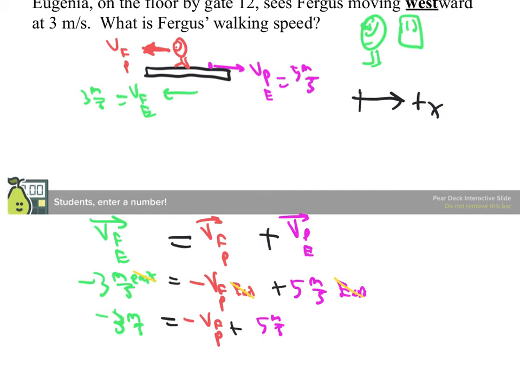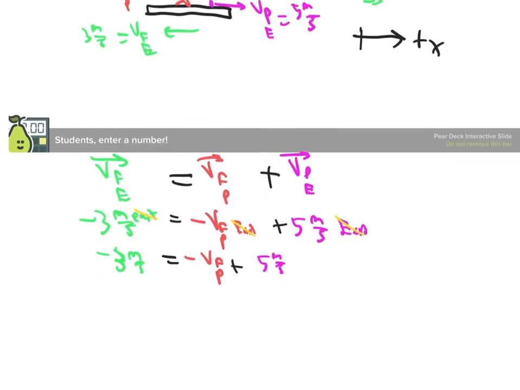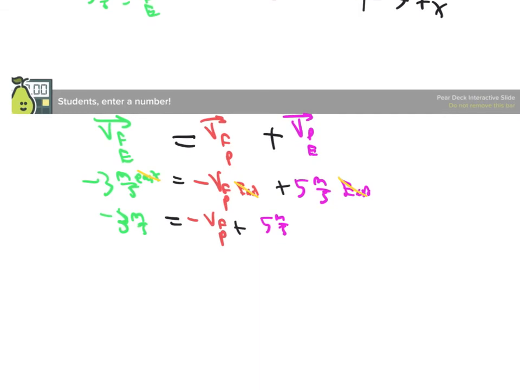And again, let's get ourselves a little bit of speed, so goodbye picture. Here I can say that if I add this to both sides, and I add 3 to both sides, then I end up with the speed of Fergus relative to the people mover being 8 meters per second.